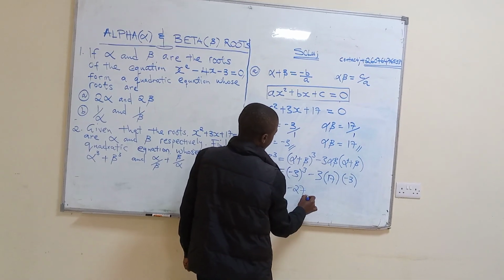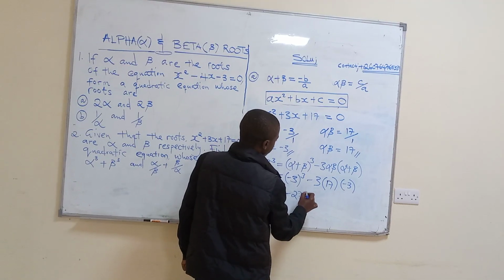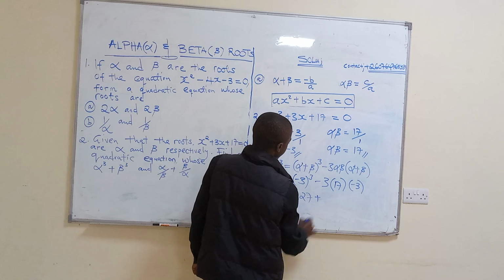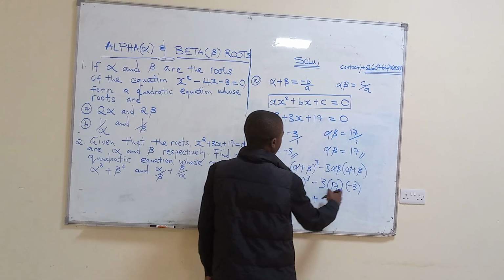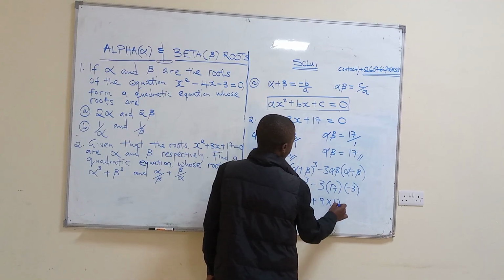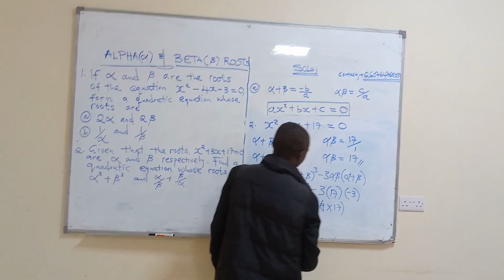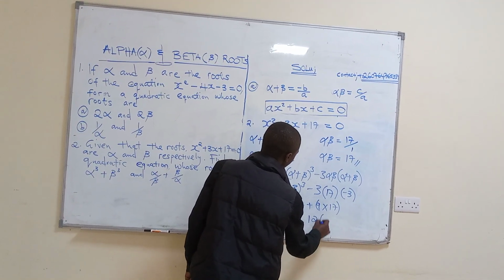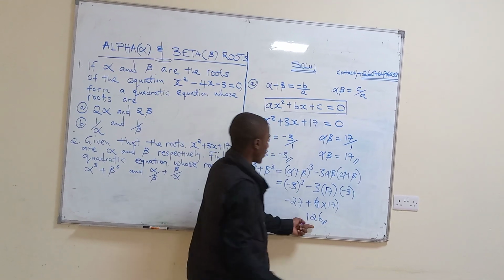Negative times negative is positive, and then 9 times 17. So if you simplify everything there, you are going to get 126. So this value you have to keep.